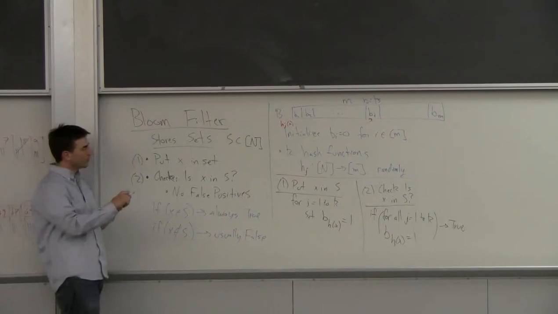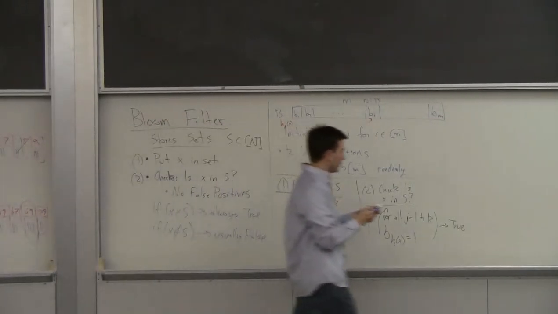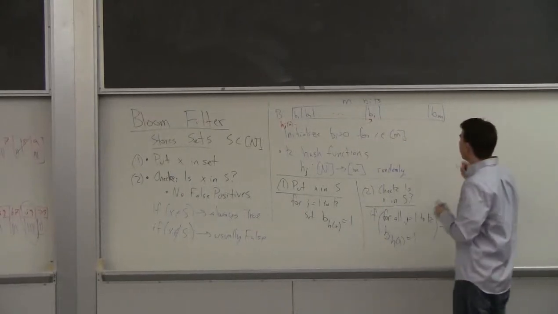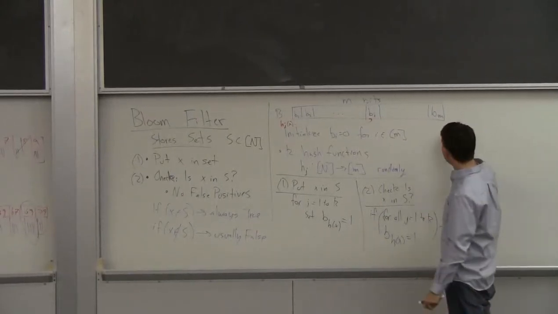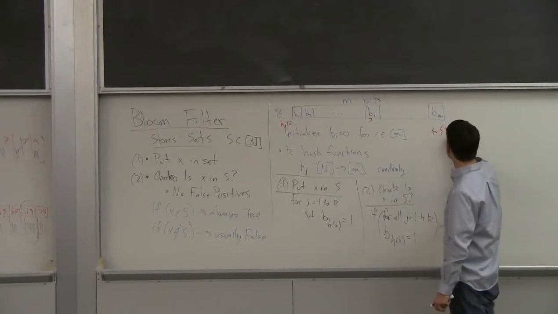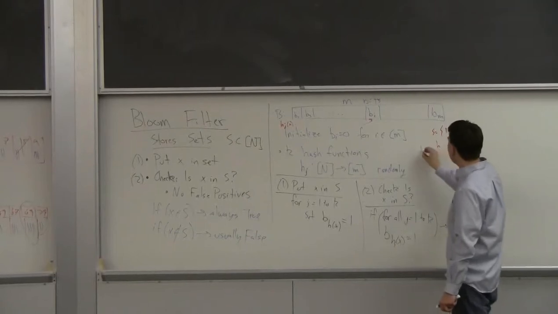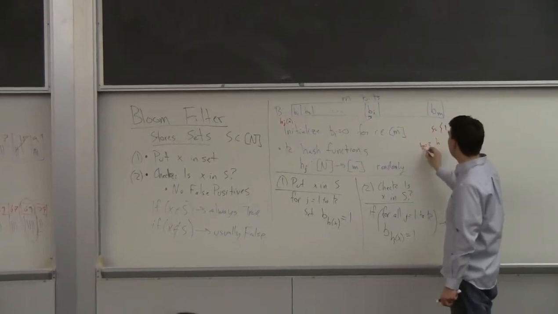So let's do a small example. Let's say my set is actually equal to {1, 7}, and I have k equals 2.